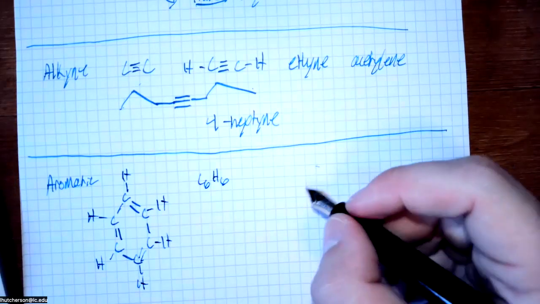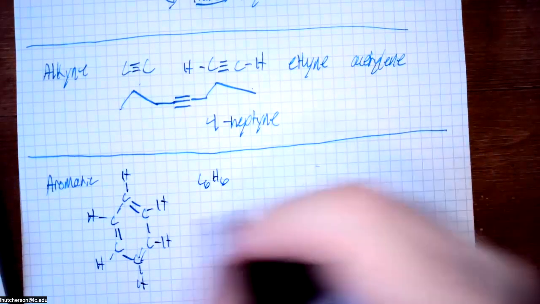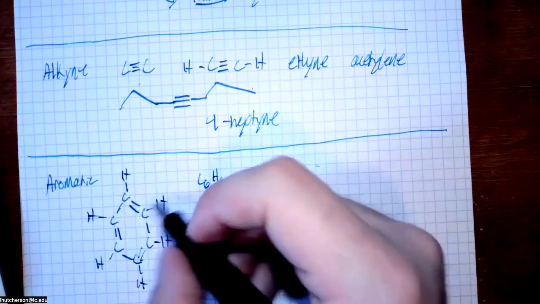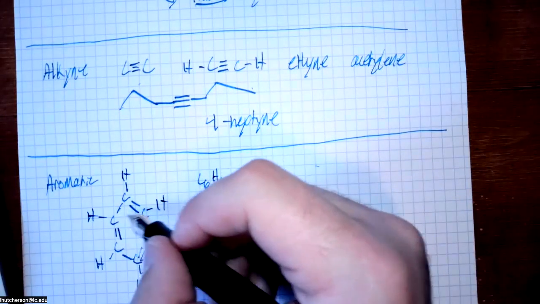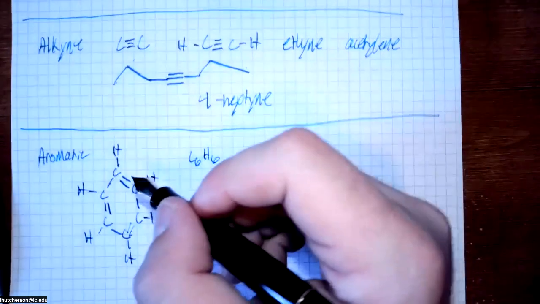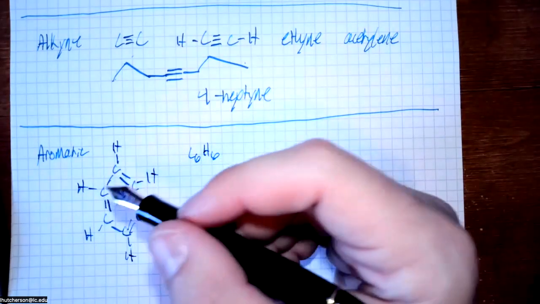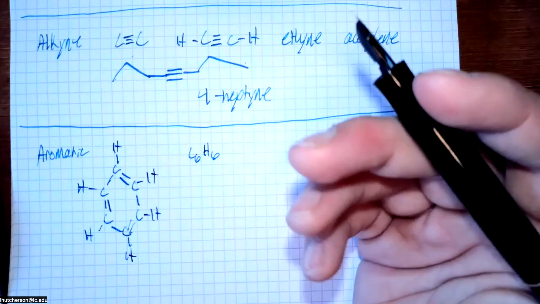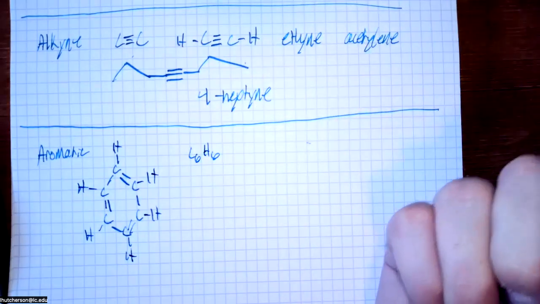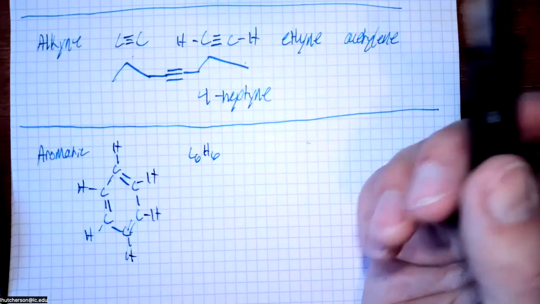Now, we can have substituted benzenes. Oh, first of all, let me see this. Okay, so it's actually a little bit fudging to call these single bonds or double bonds. They're really kind of a bond and a half. If we taught resonance structures in this class, this would be a great place to talk about them.